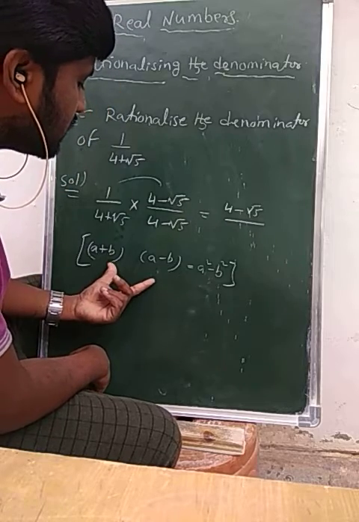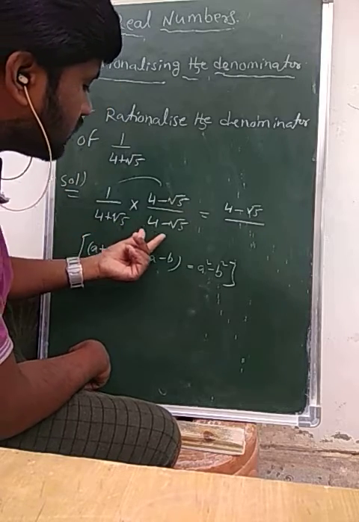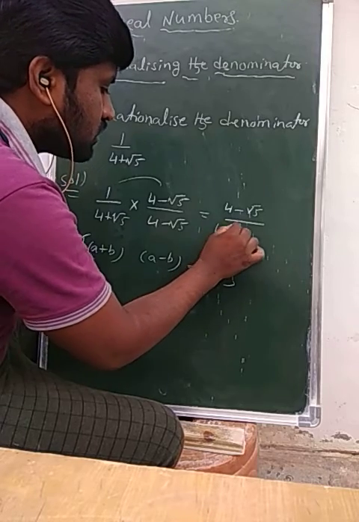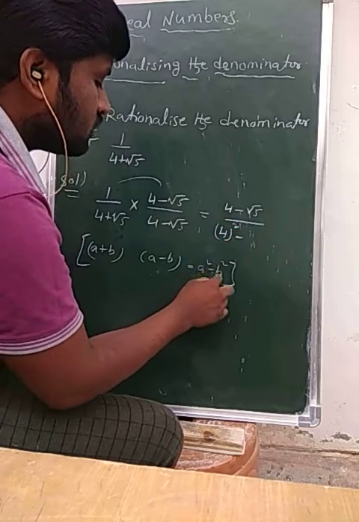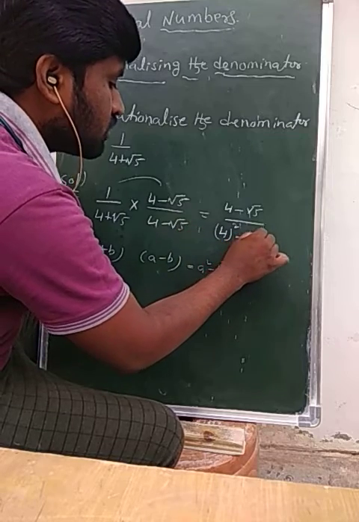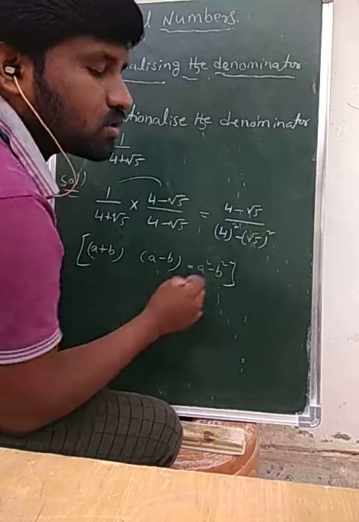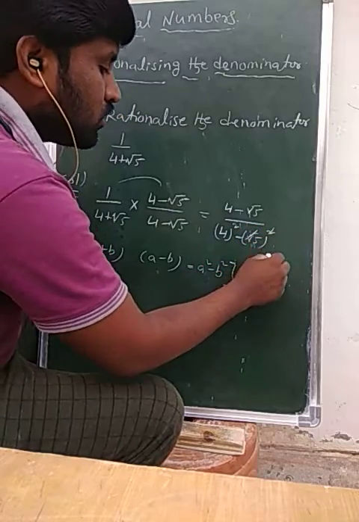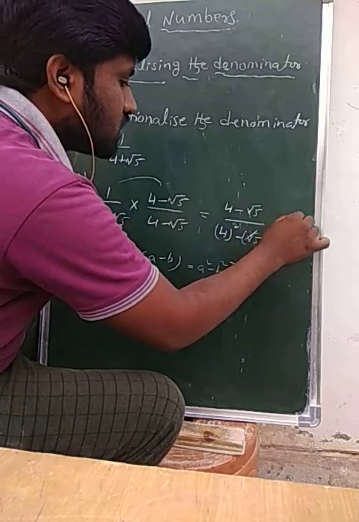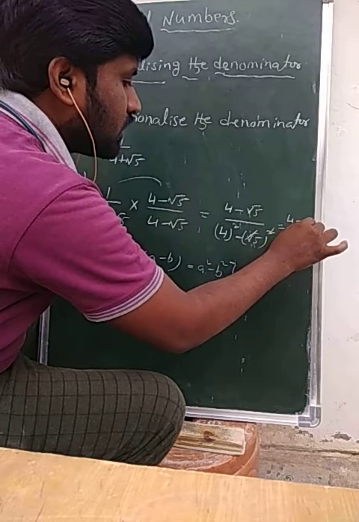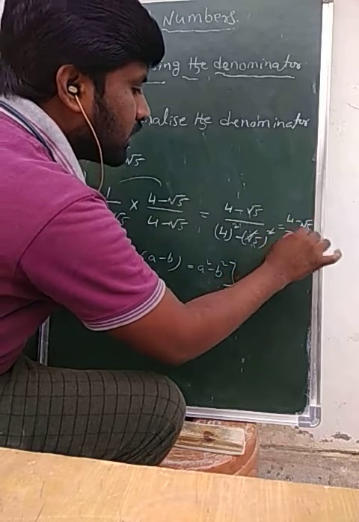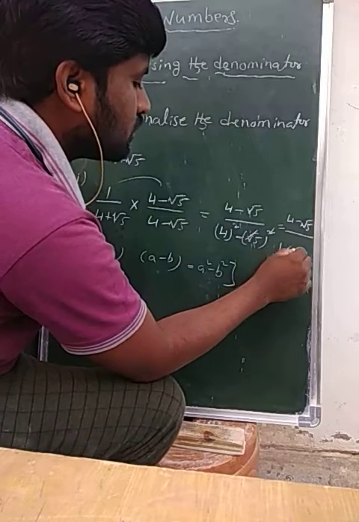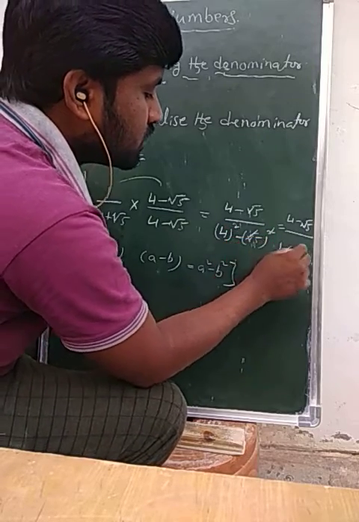By using this identity, 4 plus root 5 into 4 minus root 5 we can write as a square, that is 4 square, minus b square, that is root 5 whole square. Clearly the square and root cancel. We get 4 minus root 5 by 4 square, that is 16, minus 5.